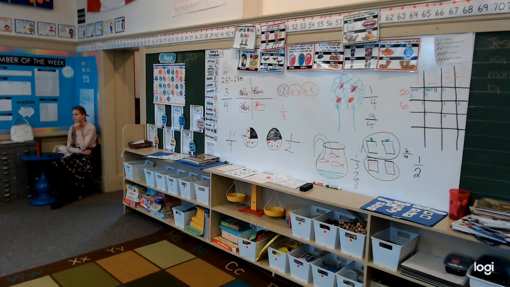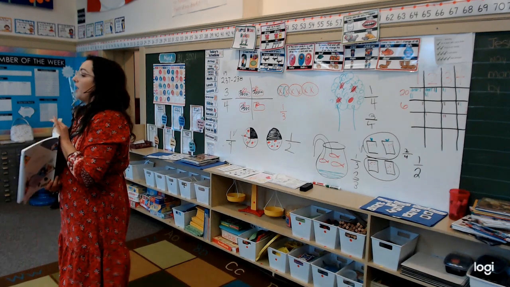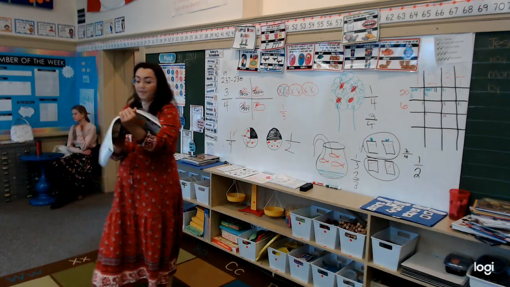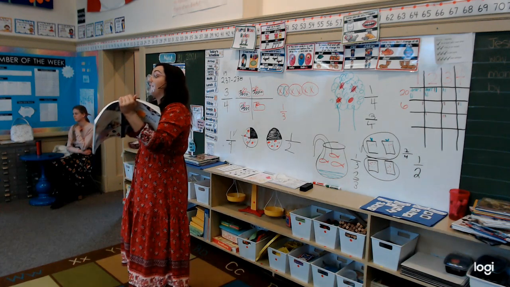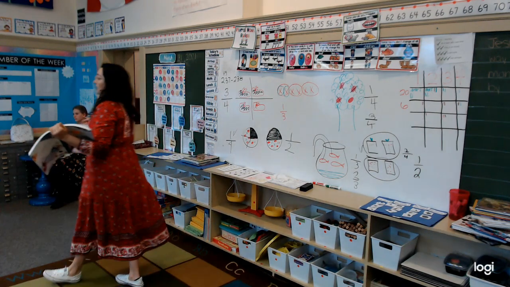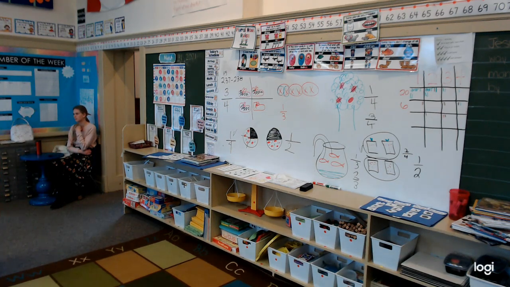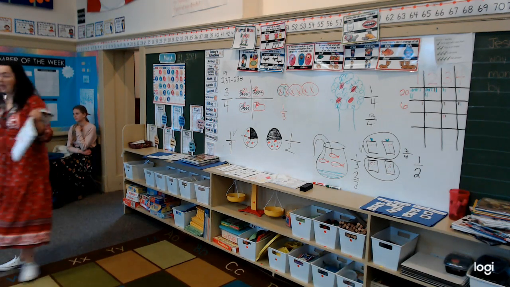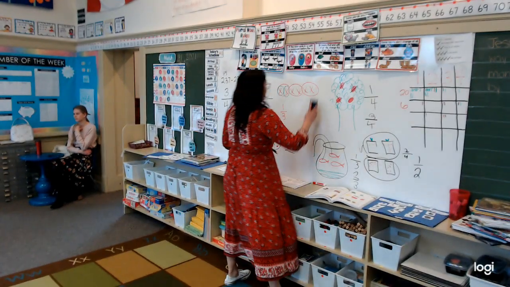So number 12 says draw the people in your family. You're going to draw all your family members. Can I write the names on top of them? Sure, if you want to. It says draw yourself as well, so make sure you don't leave yourself out. What fraction of your family are you? So in Miss S's family, I have a brother and a sister, and then there's me.